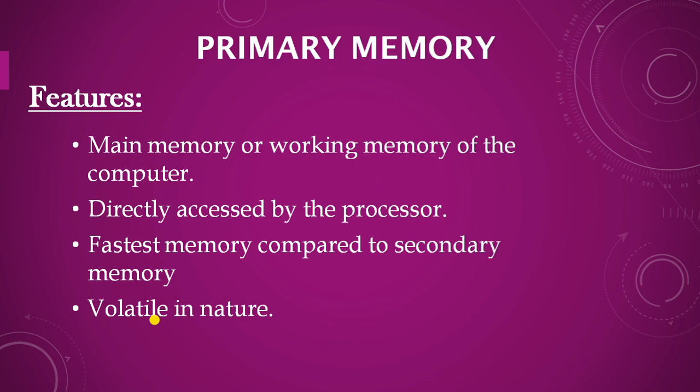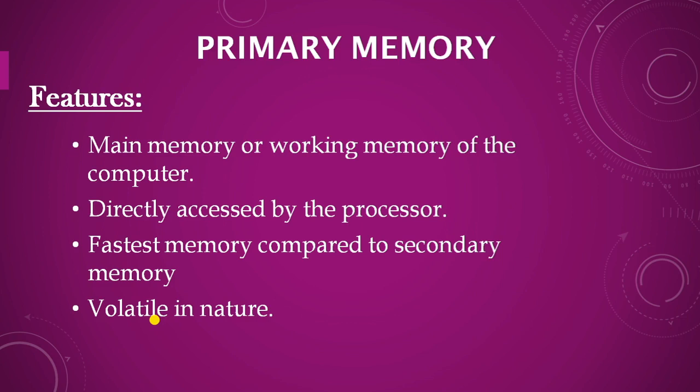If I take an example of an electric fan, the fan will spin until there is a power cut. Till there is power, it will keep on spinning. When there is a power cut, it will stop moving. In the same way, primary memory holds its contents only as long as there is power. I'll give you a simple example. Suppose in MS Word, you are writing a poem.